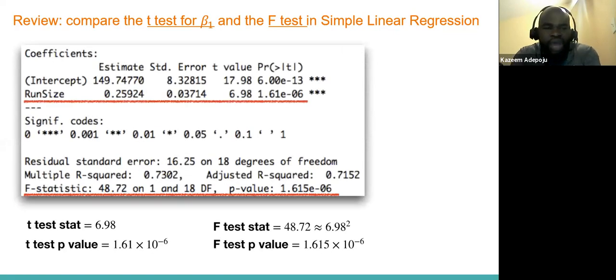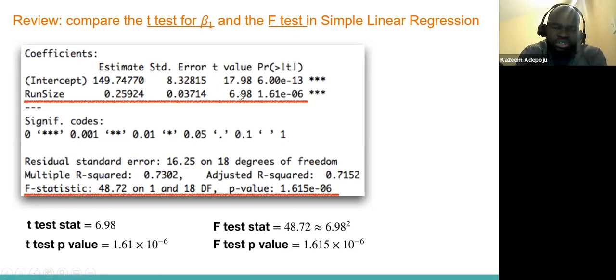Now, I told you before that when you run a linear regression model with R software, you're going to have this output. If you want to test the significance of beta 1 using the t-test, this is where you're going to come.